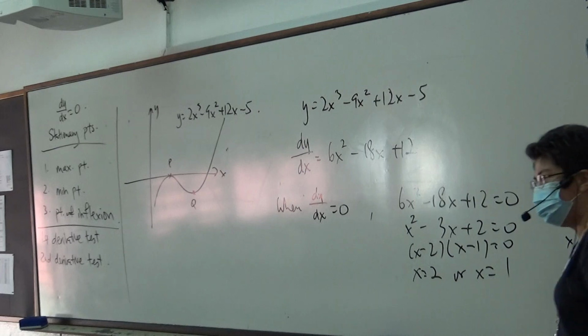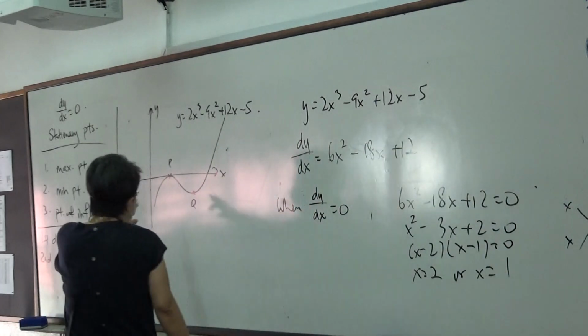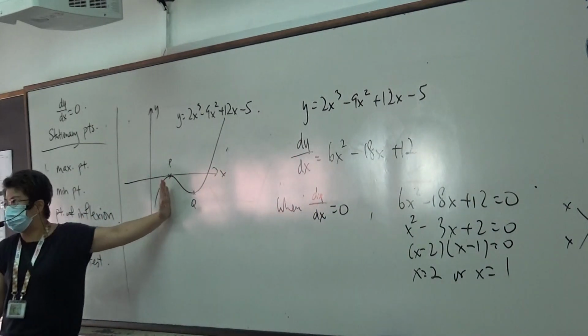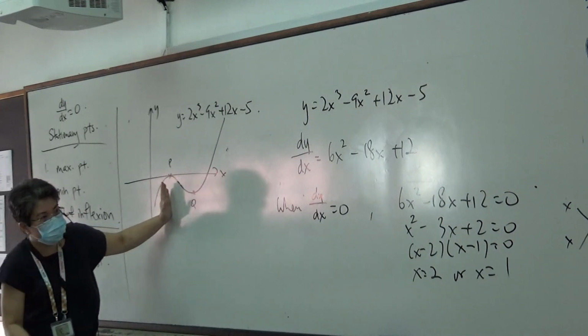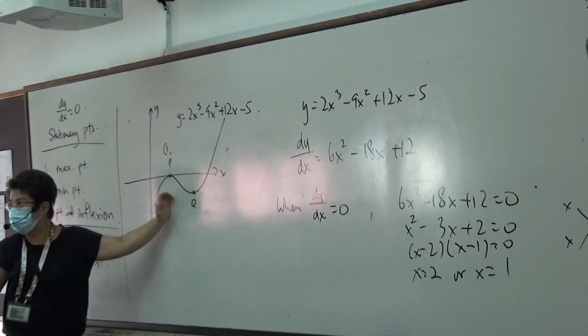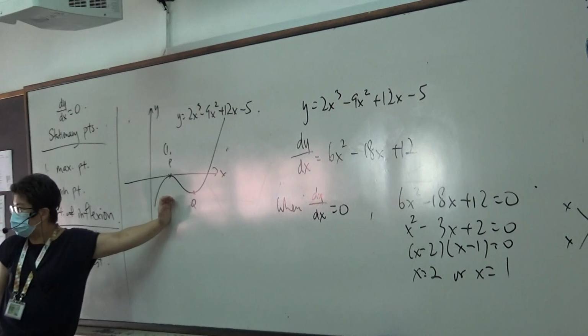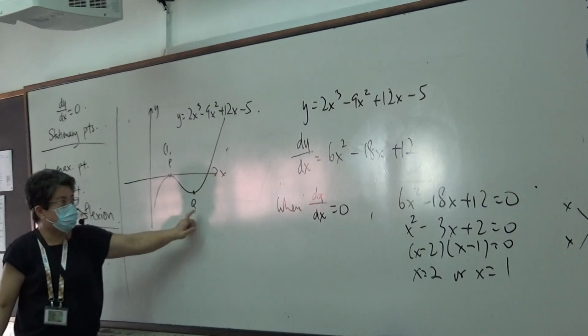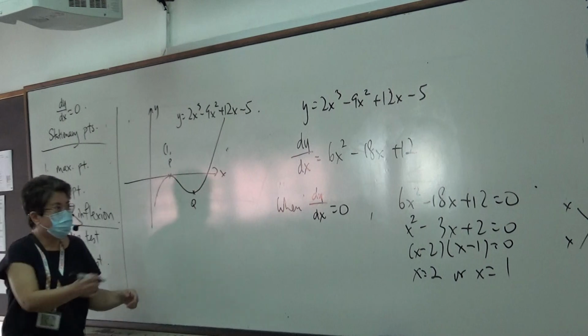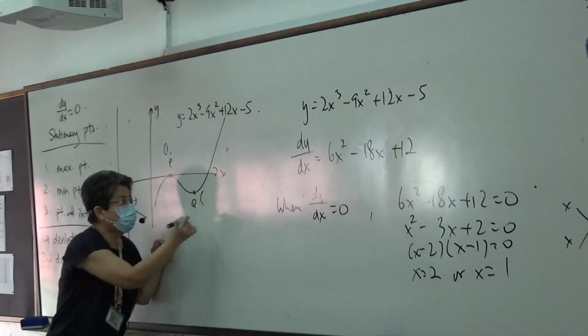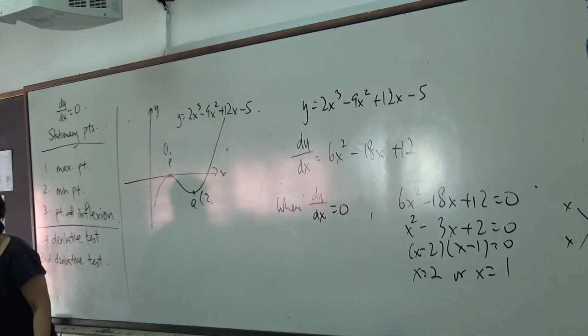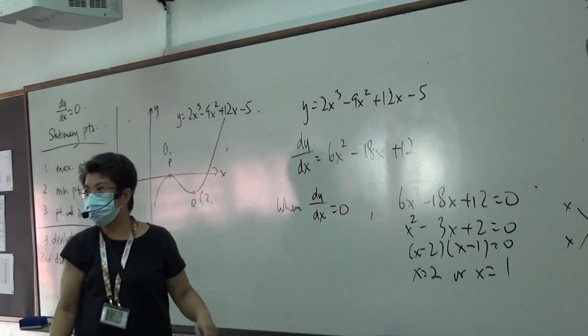Find the coordinates of P and Q. Now, what do you think? Can you see P is nearer to the y-axis? This one must have x coordinate 1, right? Agree with me? How about this one? We'll have x coordinate 2, right? Agree, class?